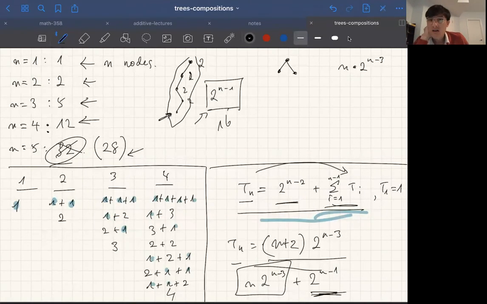So 2 to the n minus 3 would be if we just add them all here. That's the number of ways of just adding them on the left.